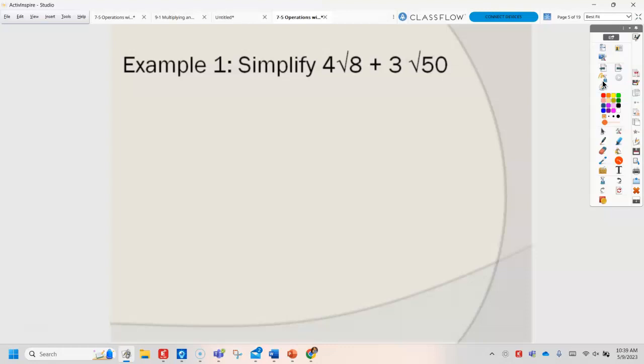So simplifying with an addition still means we need to do what we've been doing. 4 square roots of 8 needs to be simplified so that if you have 8, like the numbers 4 and 2, because the square root of 4 is 2.